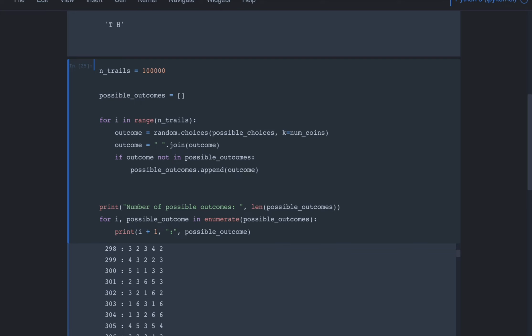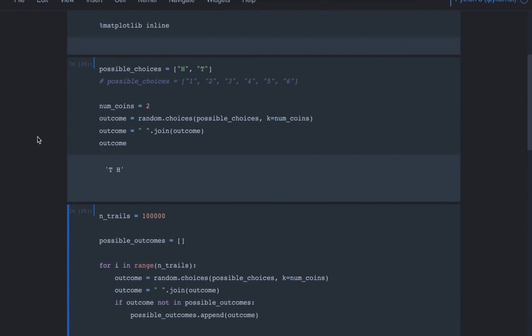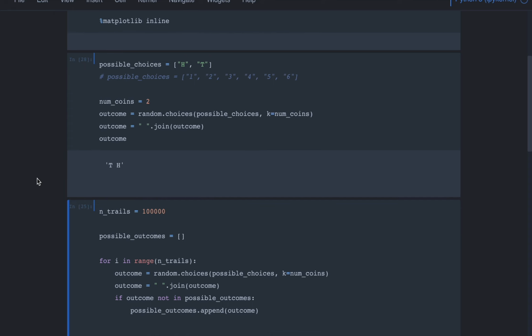Now let's say we are flipping 2 coins simultaneously, right? So when we do this experiment once, we got a tails and heads, right? Now we want to find out the total possible outcomes and what they are.